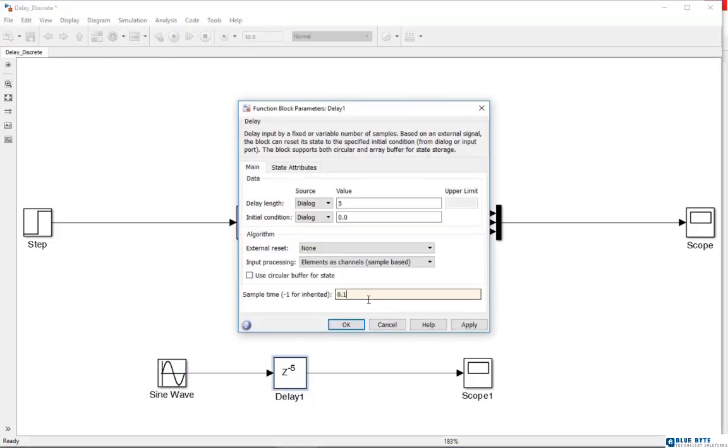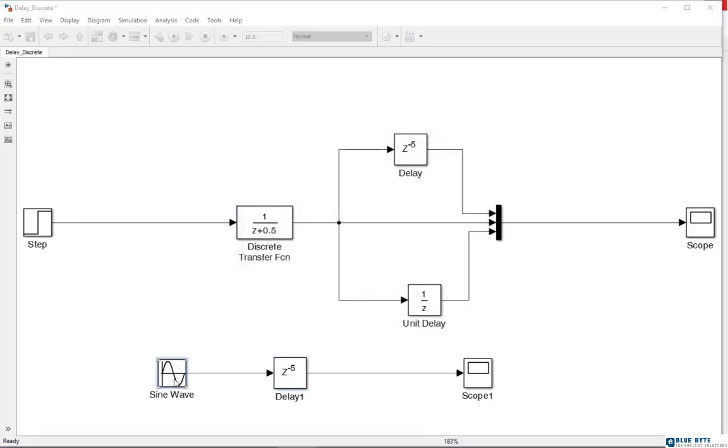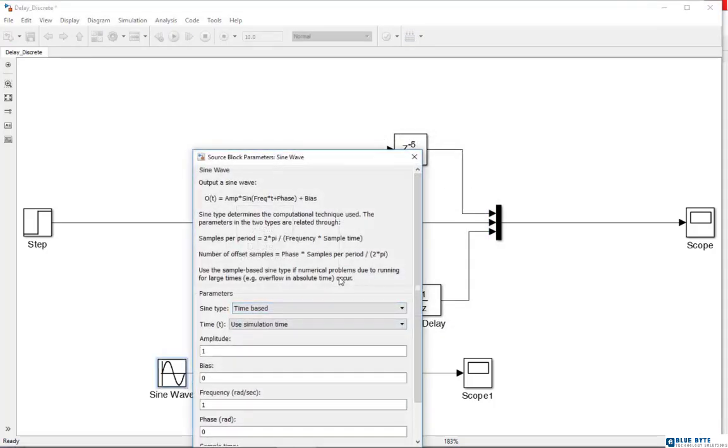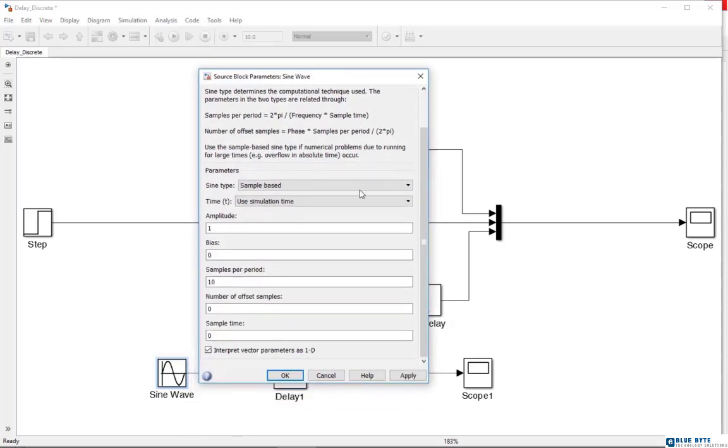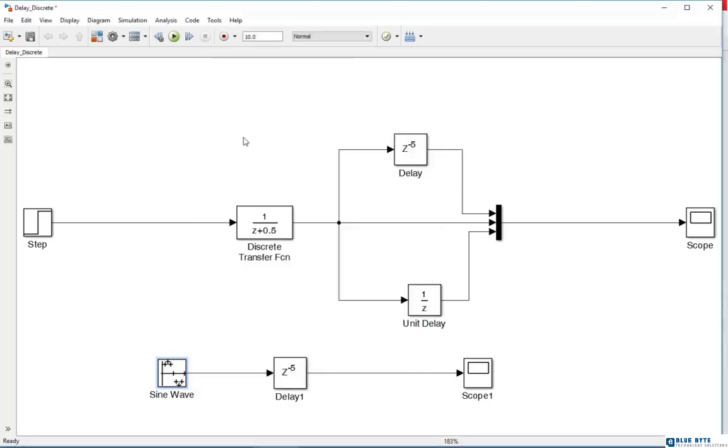I set its initial condition 0 and sample time 0.1. I go to the sinus wave. This is a source block and we should specify its sample time. I set it 0.1. Now I run the simulation.